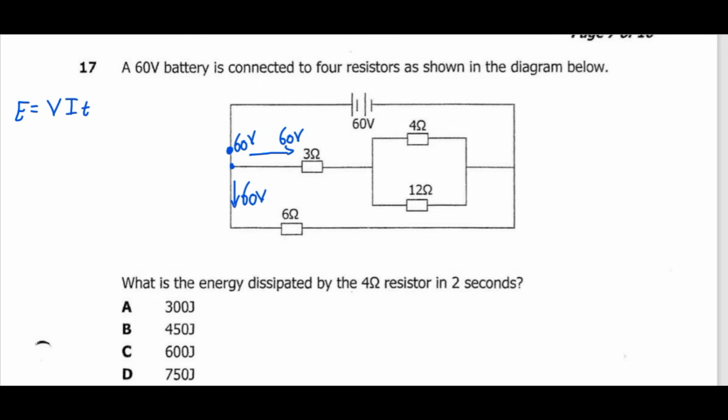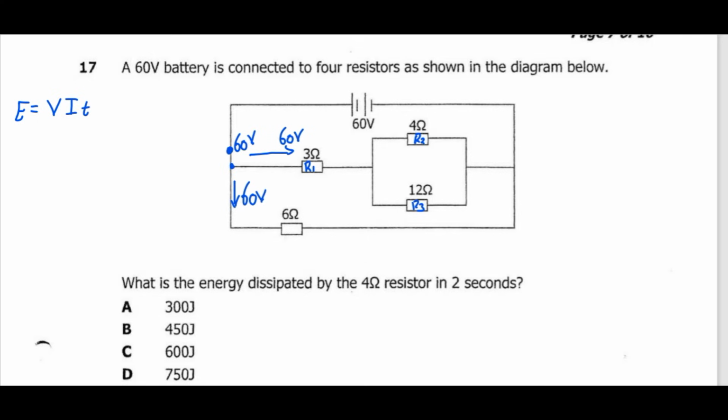Now our focus is in this direction. Now from that 60 volts, we don't know how much of it was used by the 3 resistors. So let's say this is resistor 1, then resistor 2, then resistor 3. So we don't know how much of that voltage was used by resistor 1.